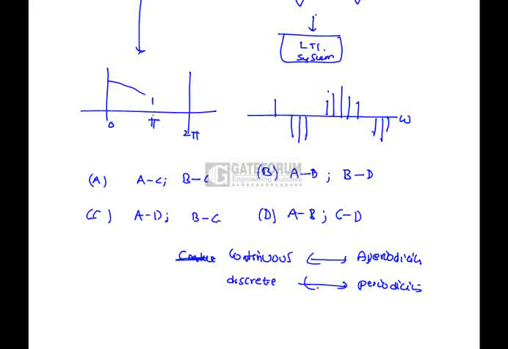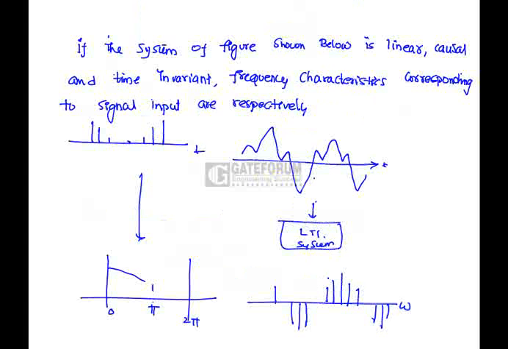Now if we look into the figures, the time domain signal is periodic and continuous. Means the frequency domain signal has to be aperiodic and discrete. So this is figure A, this is figure B, this is figure C, this is figure D. Now if we look into the relation between A and B, this is continuous and periodic, so this is discrete and aperiodic.